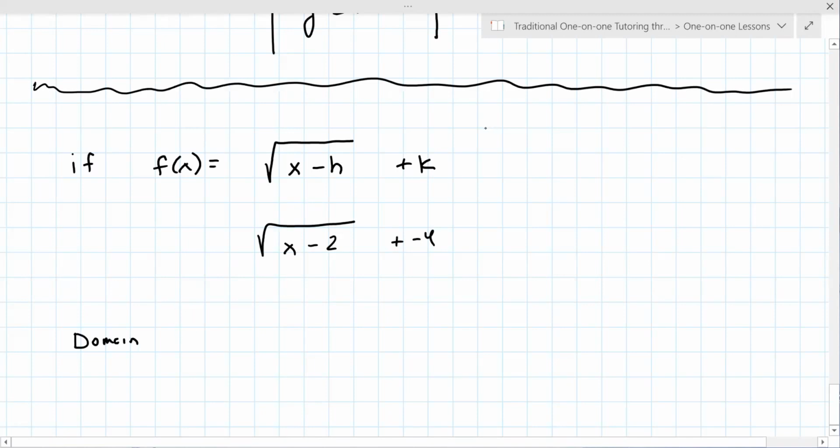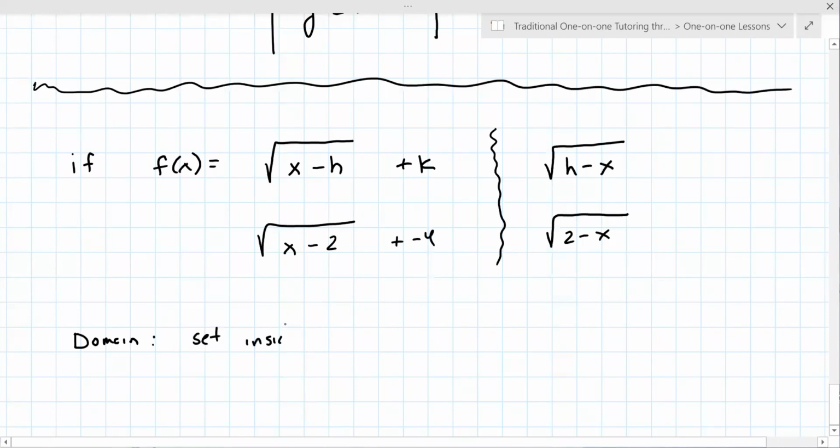And there's a small variation on this because I should ask you, have you seen any functions where it's the square root of h minus x? Yeah. You have. Okay. So we should cover this. So the domain more generally is you set the inside part greater than or equal to 0.